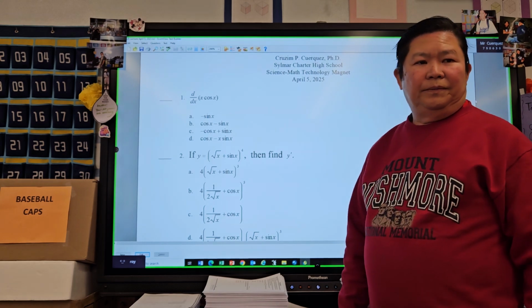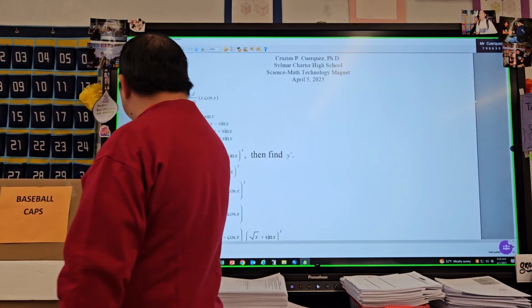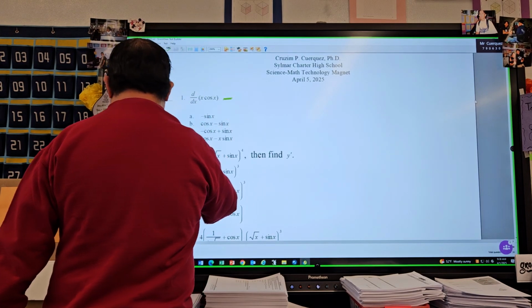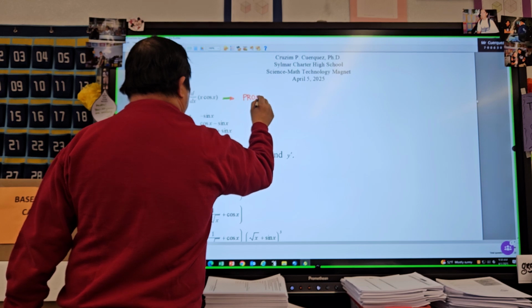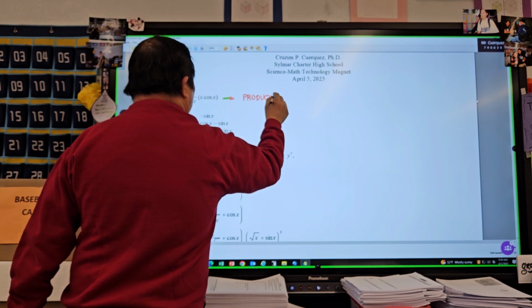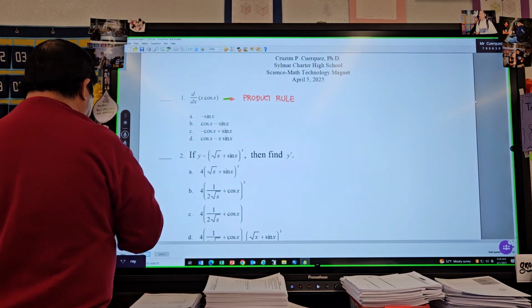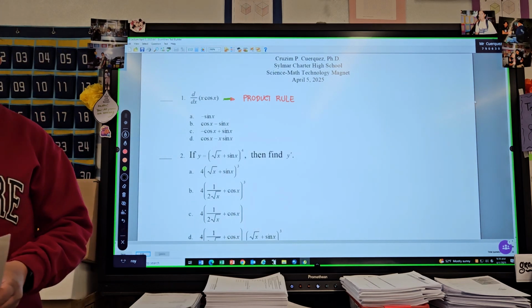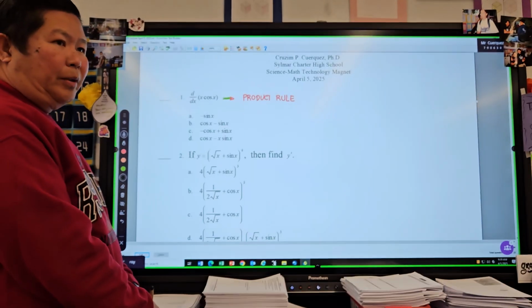So the product rule applies. Now, product rule means what is the first, guys, from this problem?